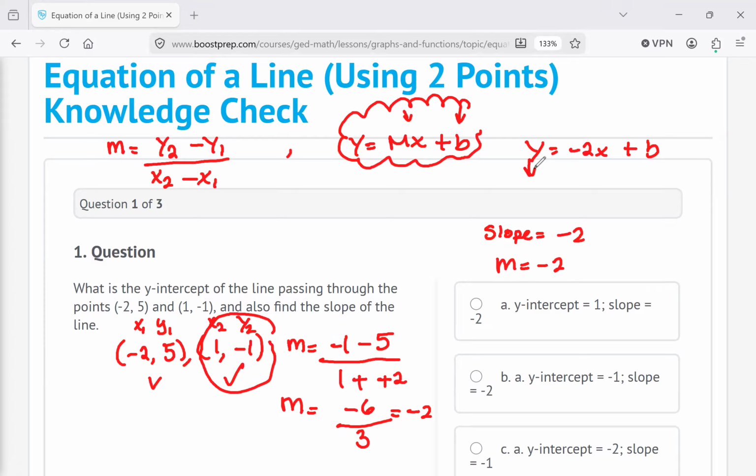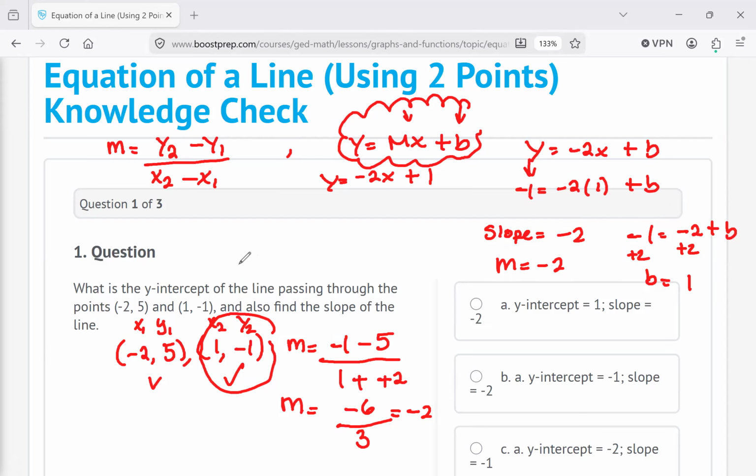I'm going to substitute my y with -1 and my x with 1, because that's our coordinate. So I get -1 equals -2 times 1, which is -2, plus b. Then solve for b by adding 2 to both sides, and I get b equals 2 minus 1, which is 1. So my equation is y equals -2x plus 1.